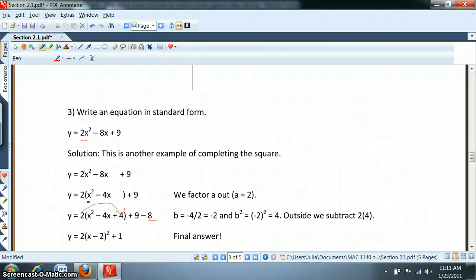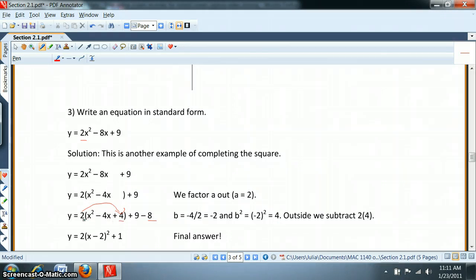So we factor 2 out, but we'll leave the 9, the constant term, all by itself. That's not affected. Then we can still find the b, negative 4 divided by 2. That's what we do right here. That's negative 2. And b squared would actually be 4. So it's always positive. So we fill in the 4 right here.